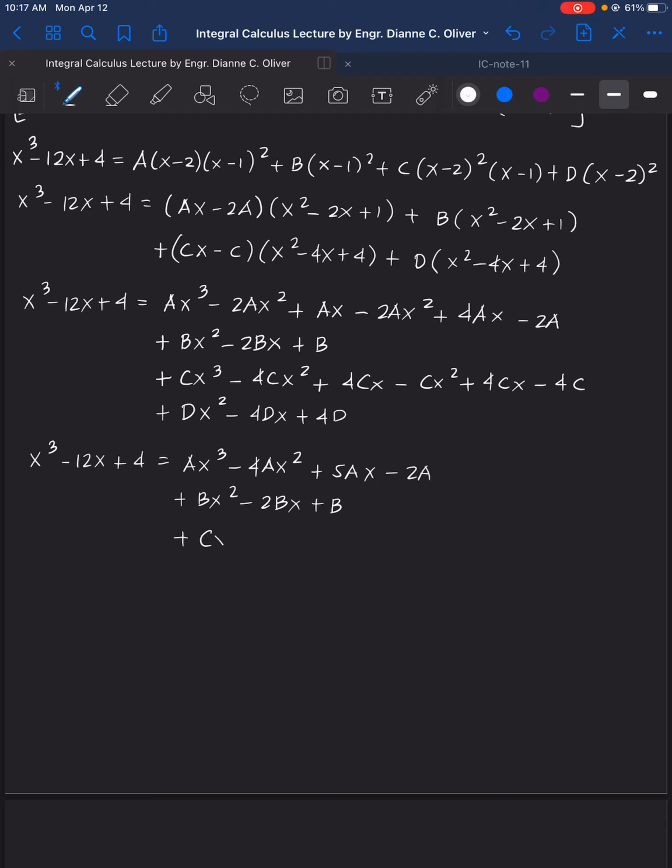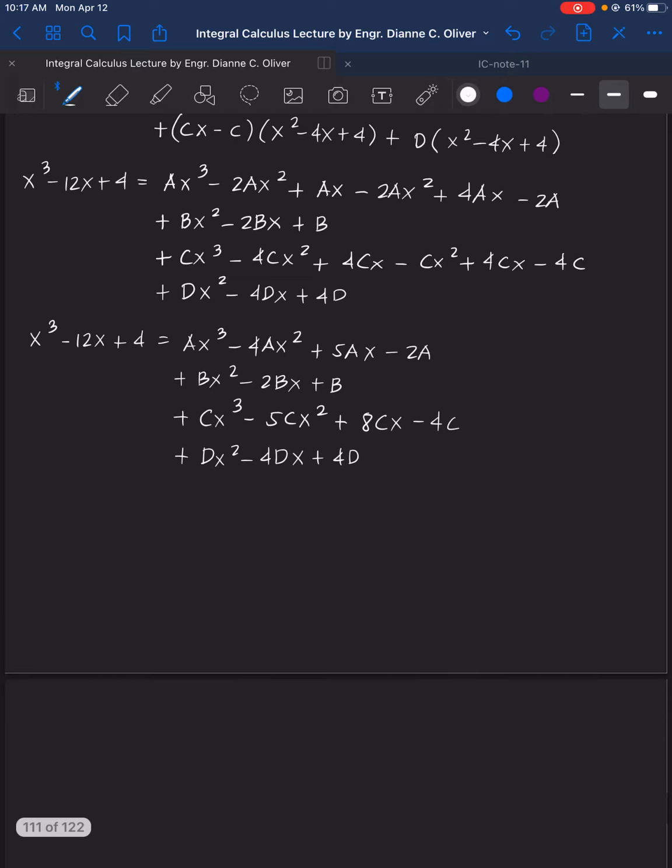For c, we have cx raised to 3 minus 5cx squared because of these terms plus 4cx, so 8cx minus 4c plus dx squared minus 4dx plus 4d.